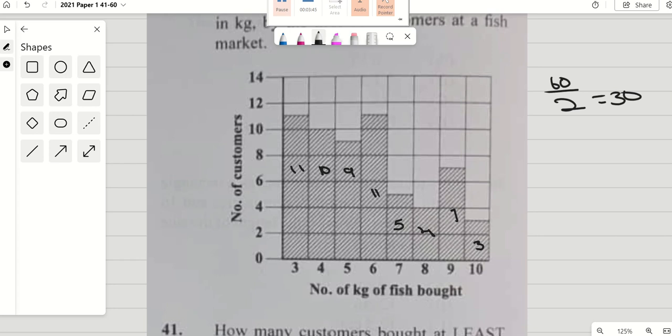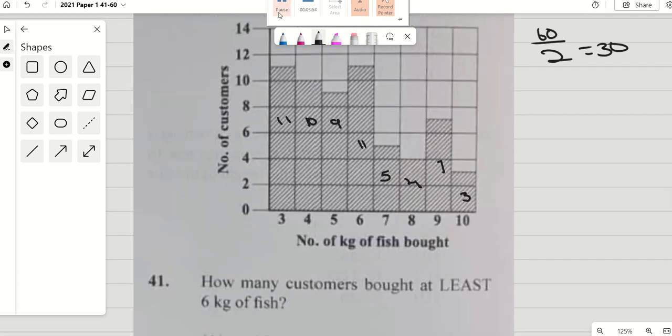So you know that your 30th customer would be in your 6. So your 30th customer is between 5 and 6. So to find your median would be 5 plus 6 all divided by 2, because your 30th customer is between 5 kilograms of fish and 6 kilograms of fish.